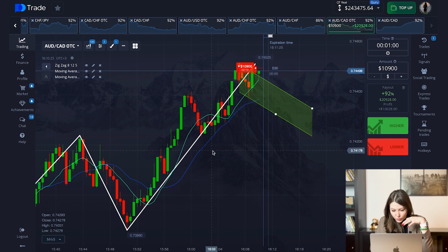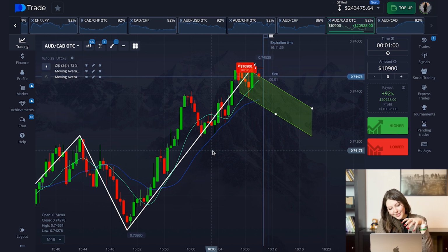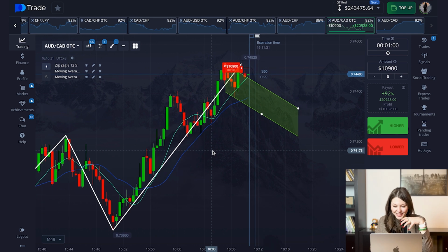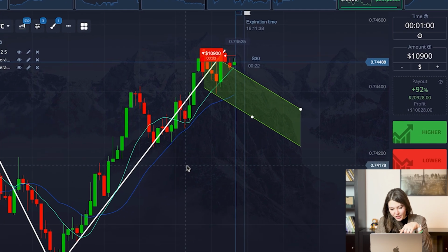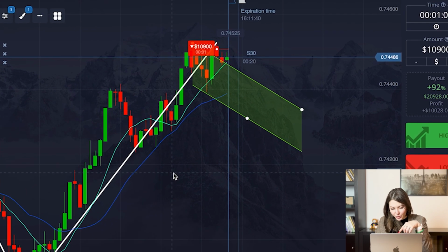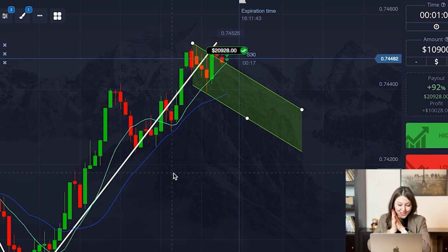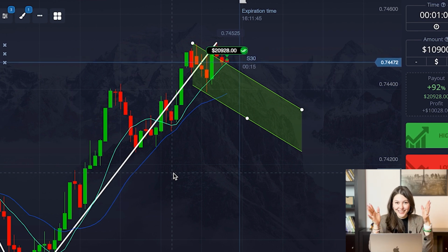And also we have these mystery candles again that showed up. Well, we tested the higher position zone and the downwards position zone, and I'm not sure what's happening, but guys, we have the profit here again.